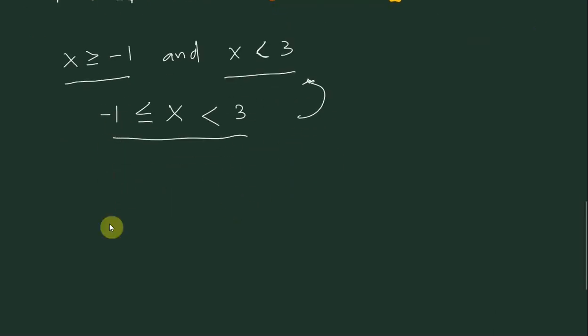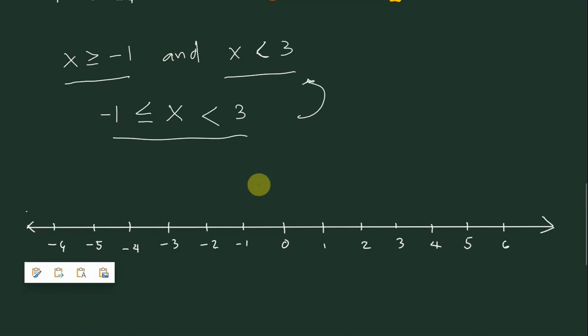So how are we going to graph this in the real number line? x is greater than or equal to negative 1, so we have this at negative 1. And x should be lesser than 3, so here at 3 we do not include 3.